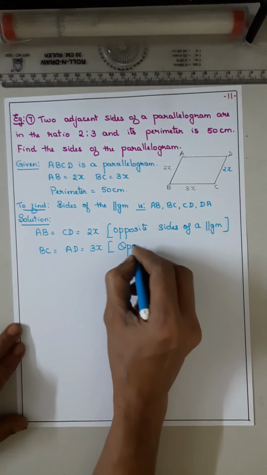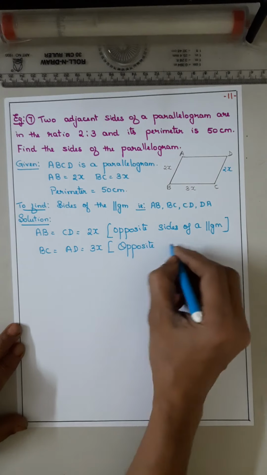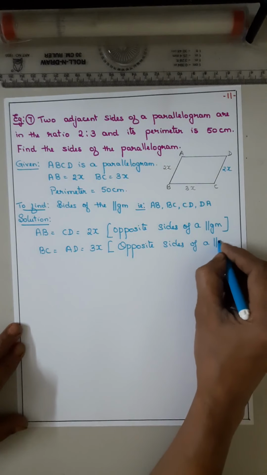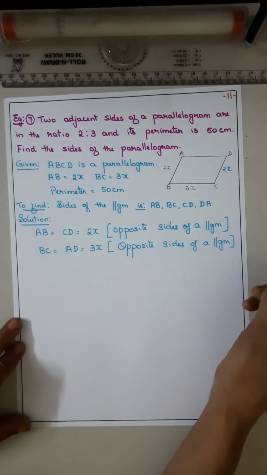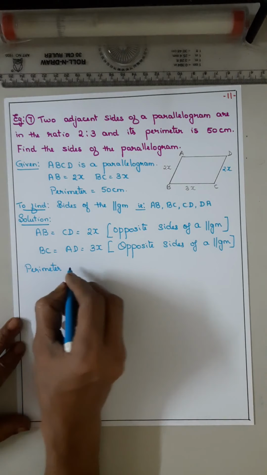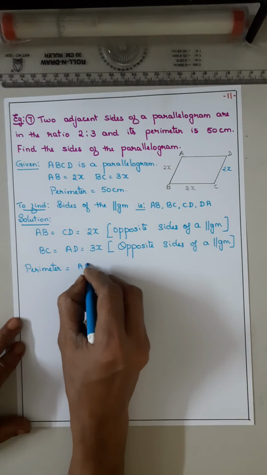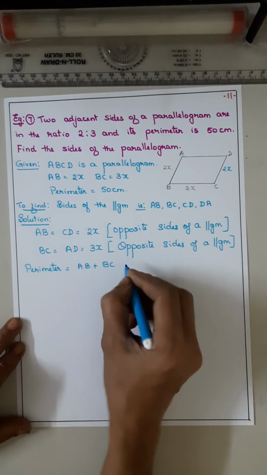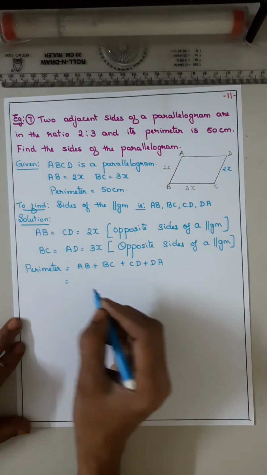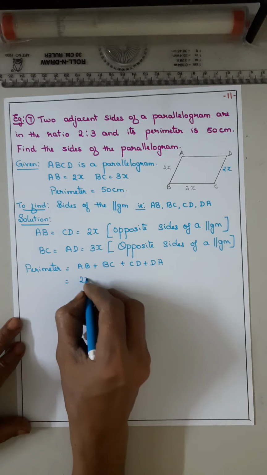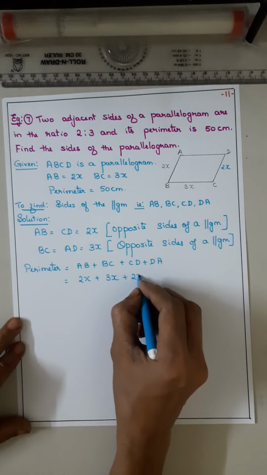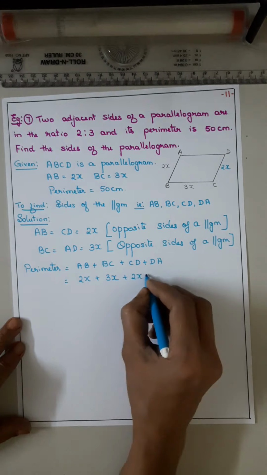Again, opposite sides of a parallelogram are equal. Now perimeter, what is the meaning of perimeter? The sum of all sides. It is AB plus BC plus CD plus DA is equal to, AB is 2x, BC 3x, CD 2x, again 3x.